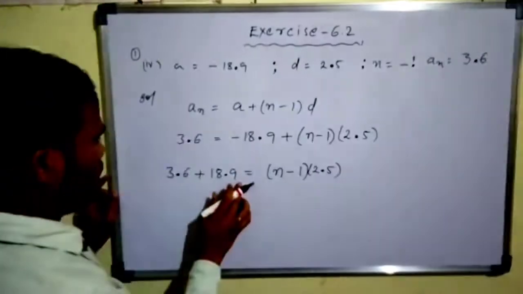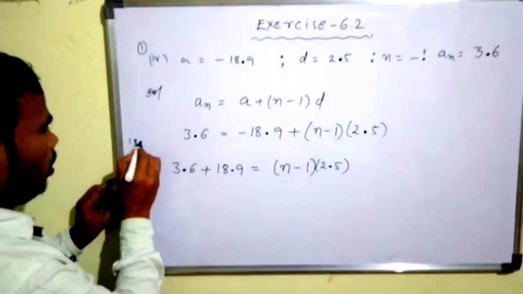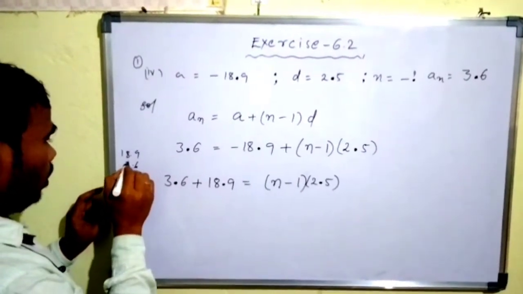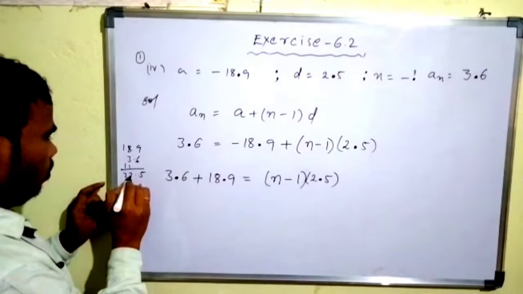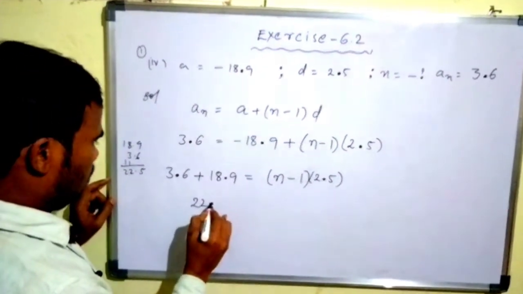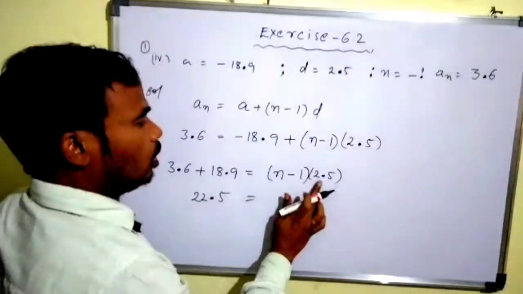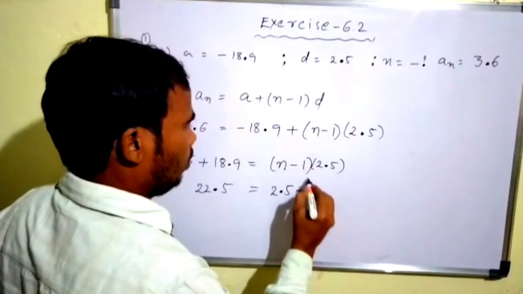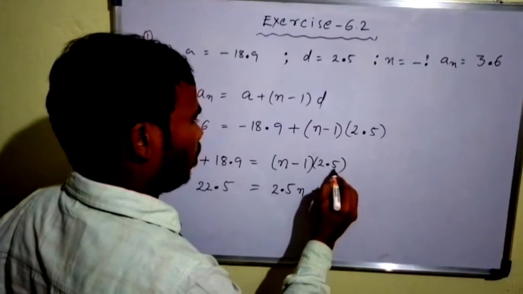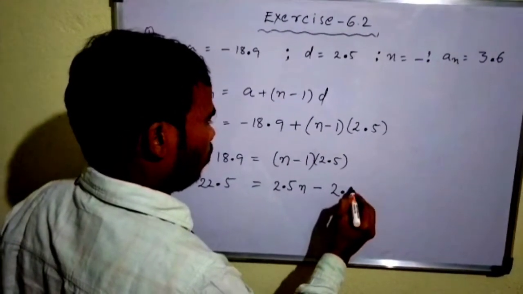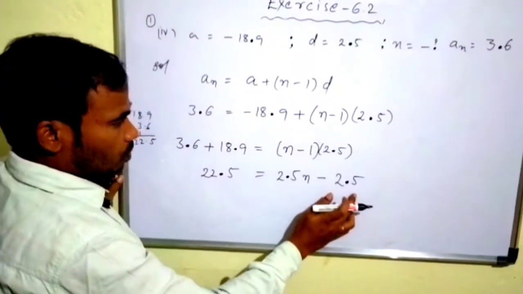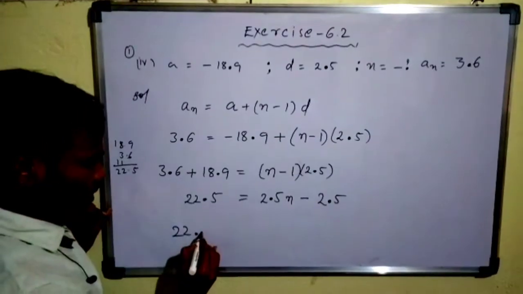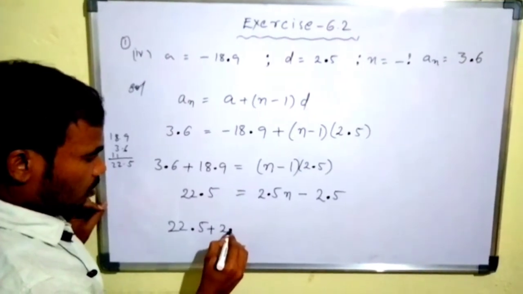So 3.6 plus 18.9, how much are we getting? 22.5. On the right side, it is multiplied: 2.5 into n is 2.5 n, and minus 1 into 2.5 is minus 2.5. This negative number also transposes to the left side, so we get 22.5 plus 2.5.